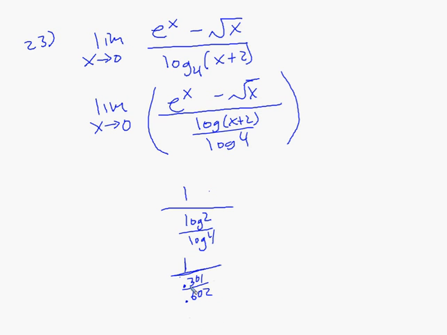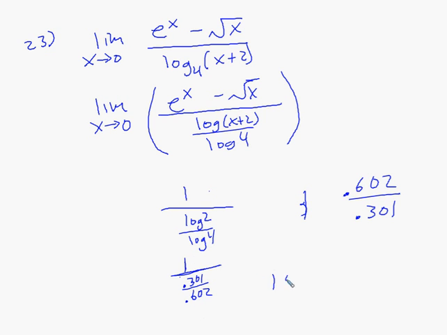And we can go ahead and do this division. So on our calculator we could put in 0.602 divided by 0.301. What do you get? It's a reciprocal.